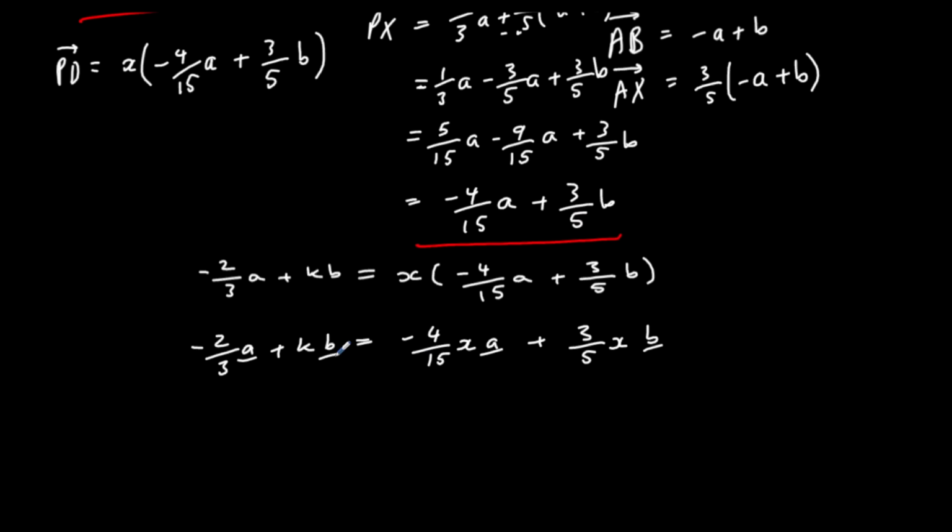So we can now separate this out into one equation for A's and one equation for B's. For these two things to be equal, the A's must be equal, and the B's must be equal.